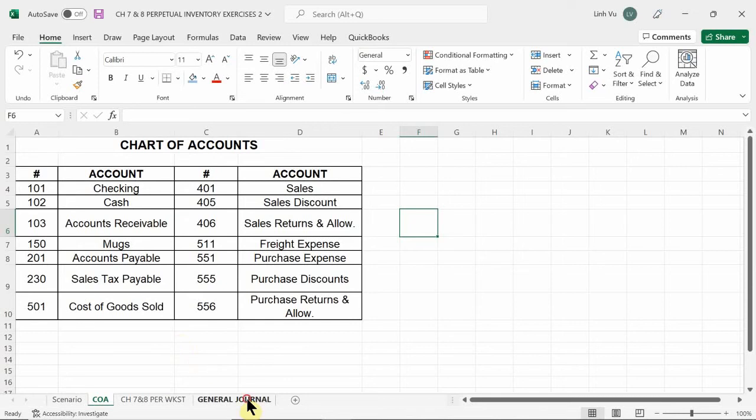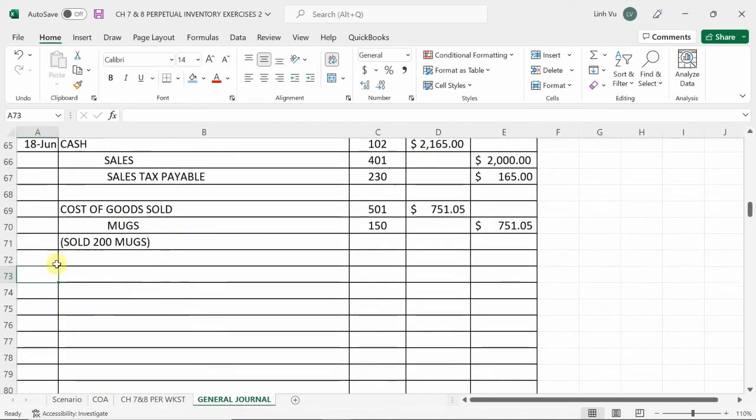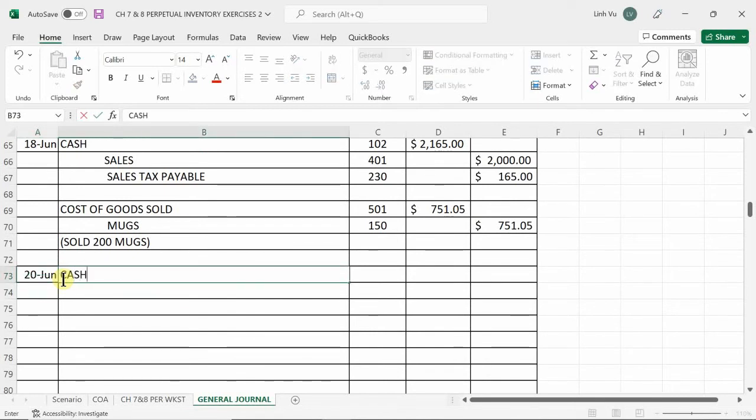Okay, so let's go ahead and record what I know. It's June 20th. We know for a fact we're going to be receiving cash, and we're going to be giving a sales discount. Like I've mentioned, when we originally charged customer A on an account, we charged for the full price, so we charged tax for the full priced items.